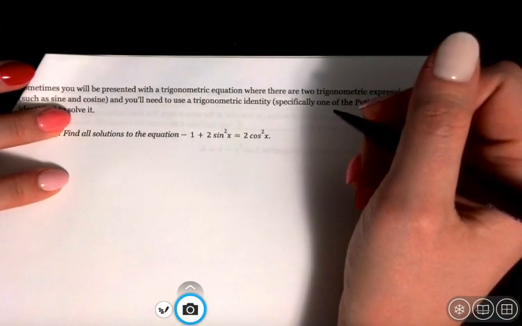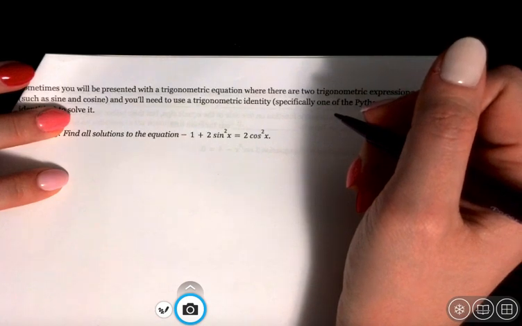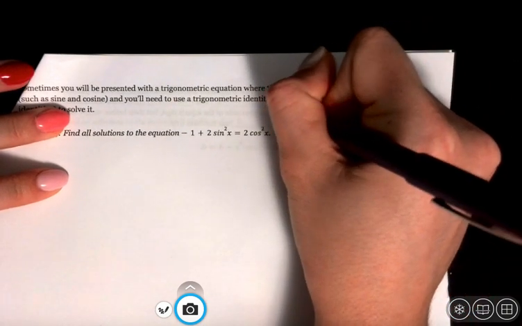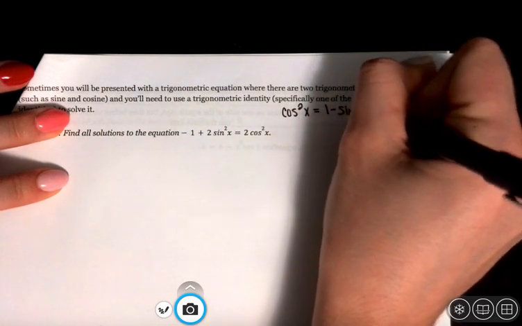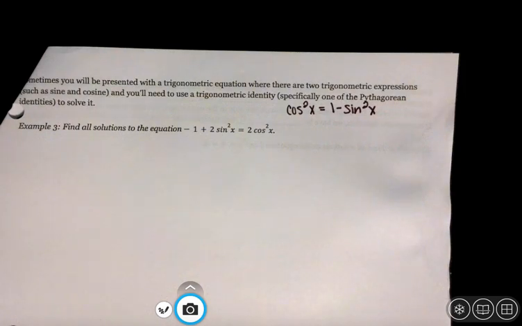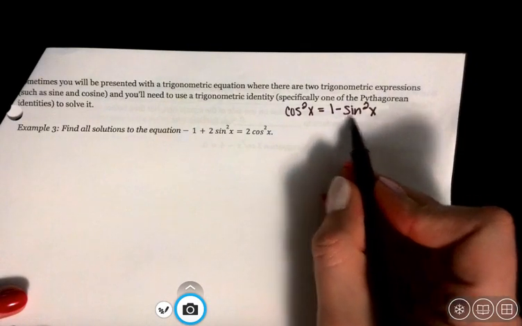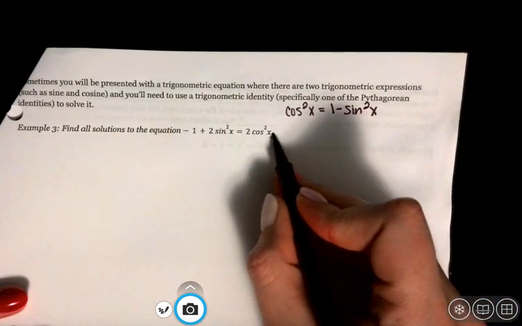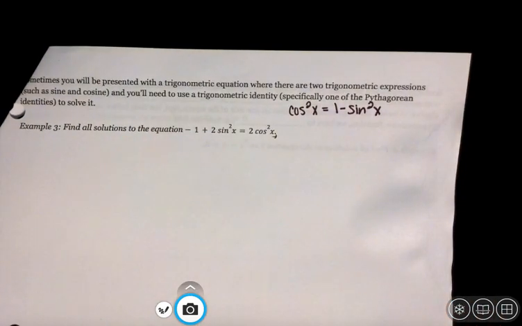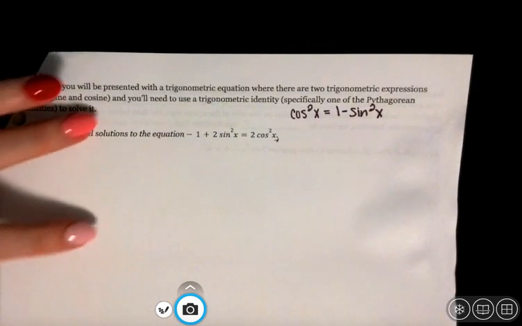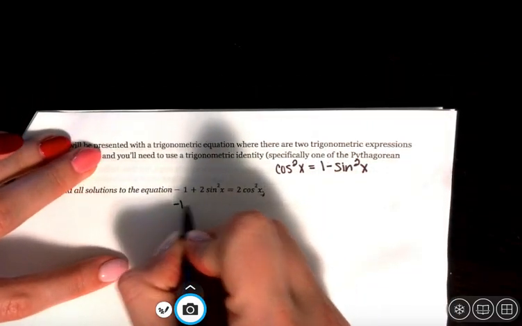Now, I realize I don't have one printed out, but on our reference sheet, I'm going to write it at the top here, we know that cosine squared is equal to 1 minus sine squared. That's one of our Pythagorean identities. So if I know that, I can take my 1 minus sine squared and substitute that in for cosine squared since those are equal. That way I'll have sine squared on both sides and I can go from there. So that's what I'm going to do. So I'm going to rewrite this.